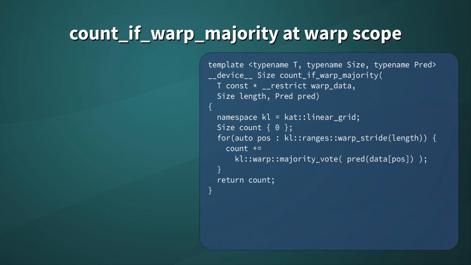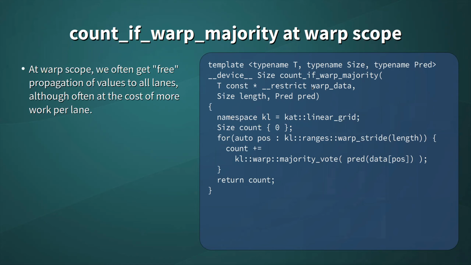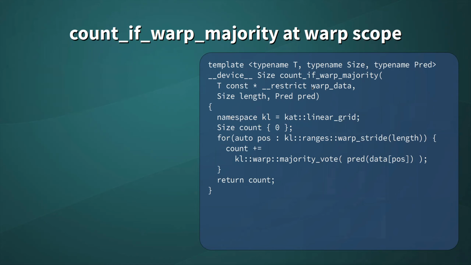So its parameters are the data for the current warp, the length of the data, and the predicate. Now, I said that supposedly it works at warp scope, so you might think maybe only a single warp executes it, and the answer is not necessarily.